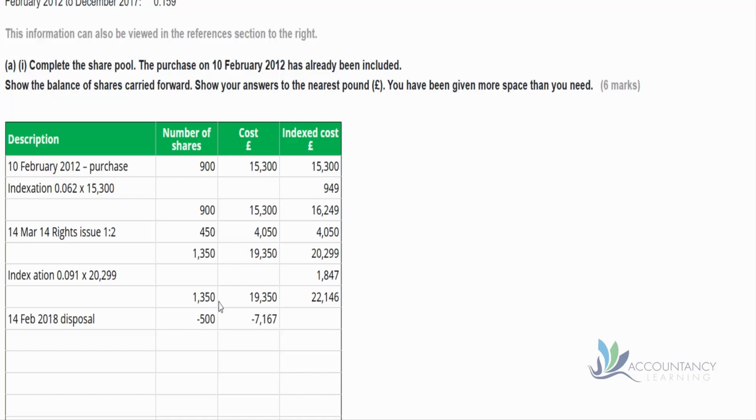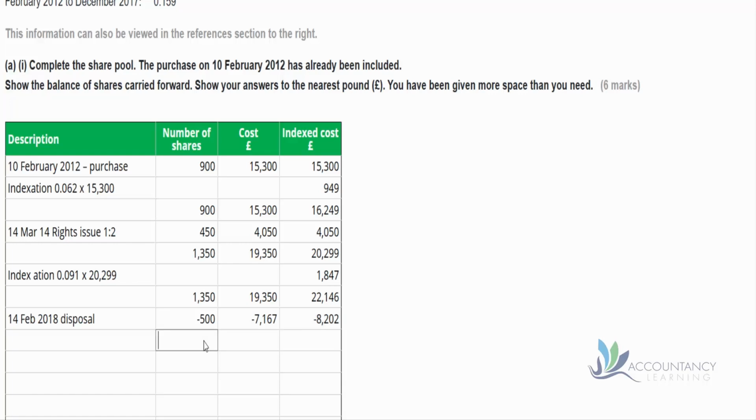Okay, so that's 500 divided by 1,350 multiplied by 19,350. And then we just need to do the same for the index cost as well. So that's going to be the 500 divided by the 1,350 and then multiply by 22,146. And that gives us the 37% of the indexed cost of 8,202.